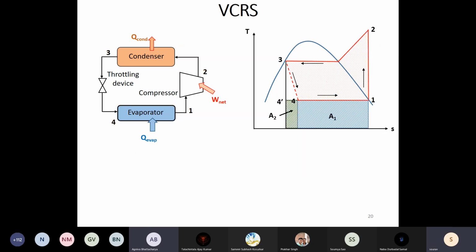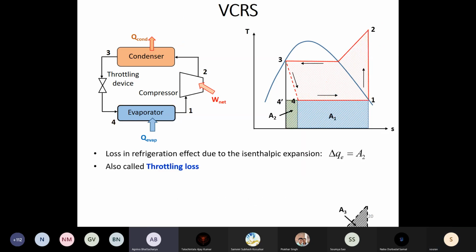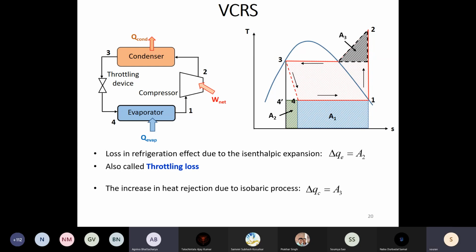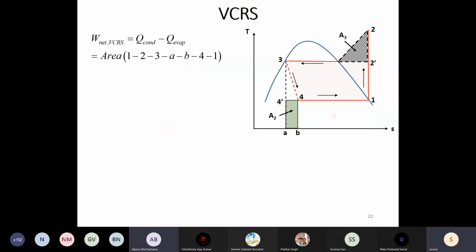So how to get that? Let me go to this part. Okay, so this is the H2 minus H1, the enthalpy at this point 2, enthalpy at this point 1.